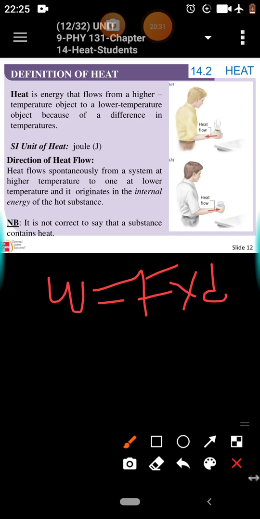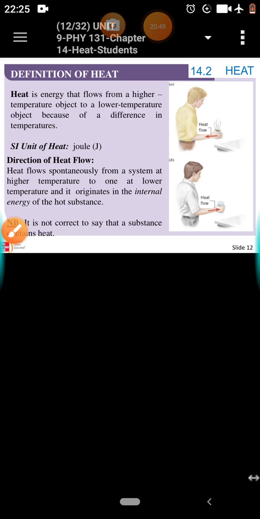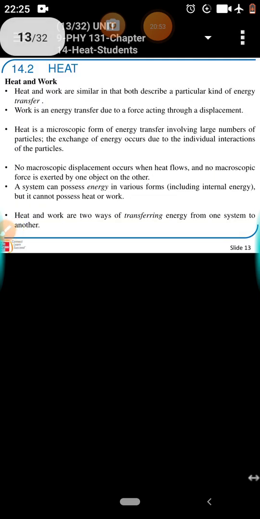The same, when energy is transferred to an object, then we talk of heat energy. So we cannot say that an object has work, and it's the same as we cannot say a substance contains heat. It can transfer heat energy. It contains internal energy.